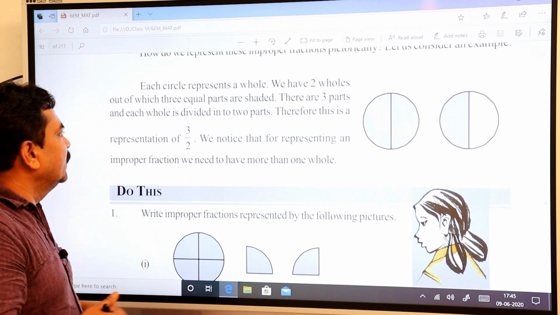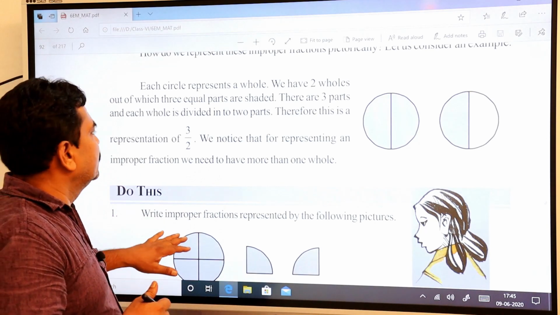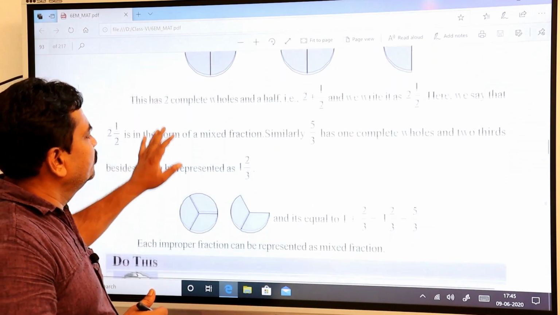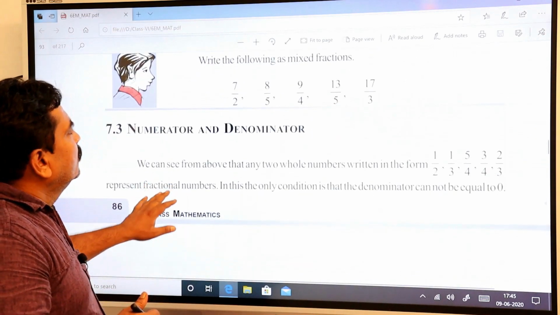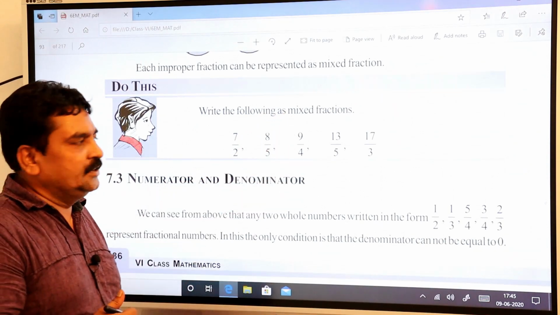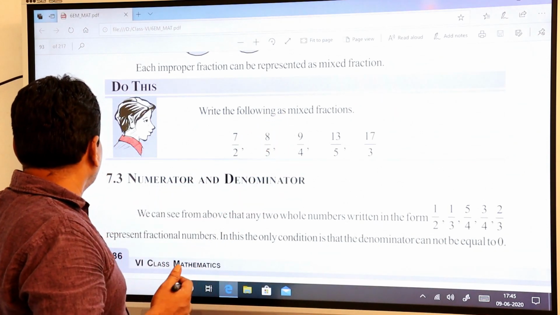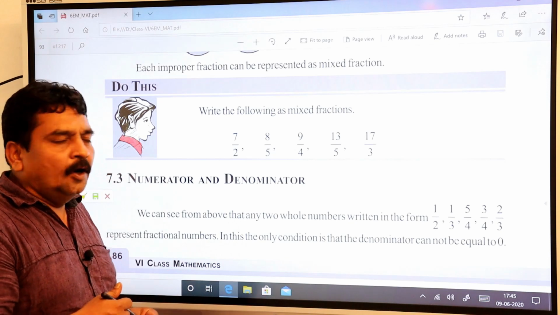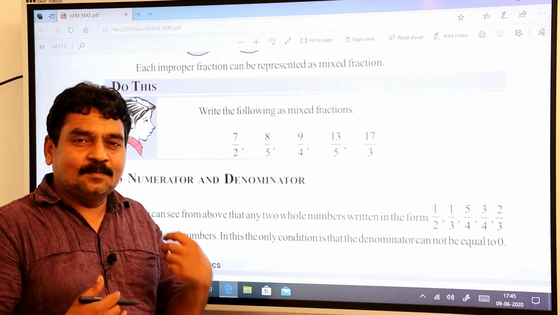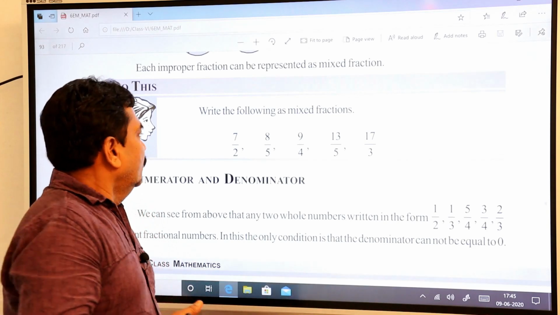That is what is given here. Write the following as mixed fractions. I'll do 1 or 2, and the remaining you can do. If not, just ask me and I'll explain it again.